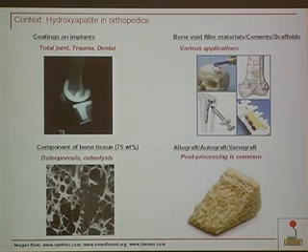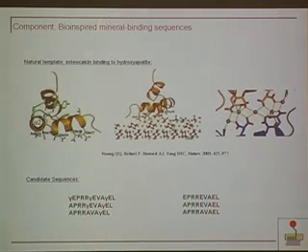Bone void filler materials are used very often to try and promote bone formation in large defects as a result of trauma. It's also, as I mentioned, the major component of natural bone tissue, which means that it's also the major component of allograft, autograft, and xenograft tissues that are used very commonly in orthopedics. So one could argue that it's the most ubiquitous material used in orthopedic applications, and therefore is a good target for our molecules.